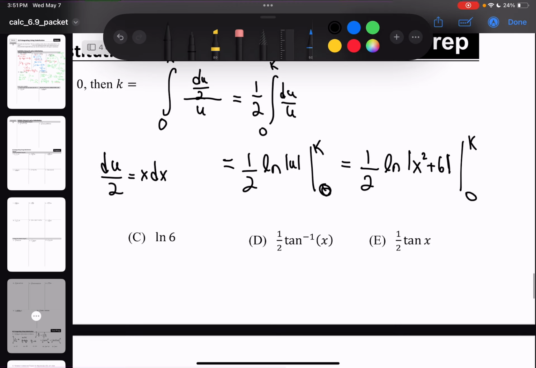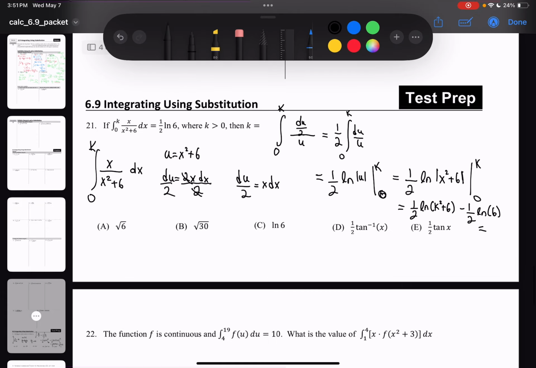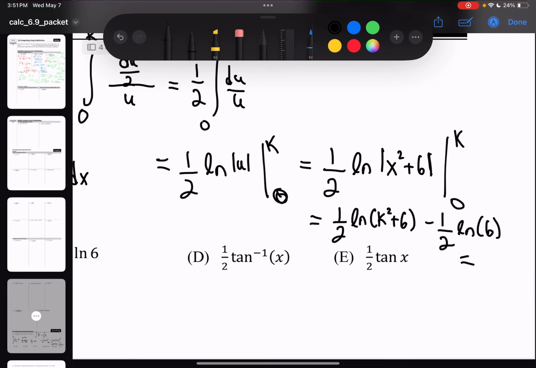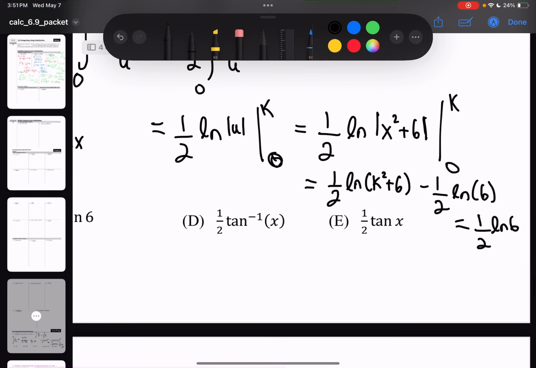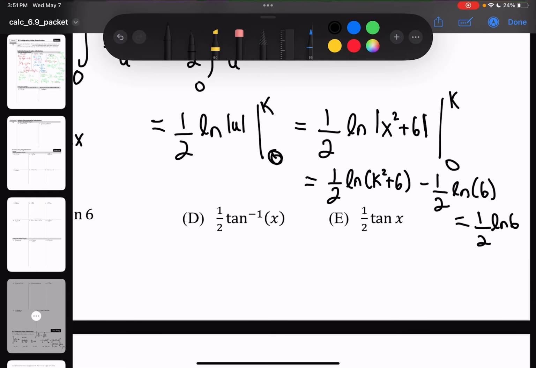So then we're going to get half ln k squared plus 6 minus half ln 6, and this is going to be equal to half ln 6. So take the minus half ln 6 to the other side. You're going to get half ln k squared plus 6 equals ln 6.